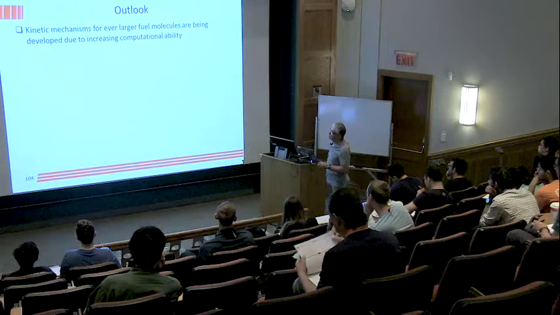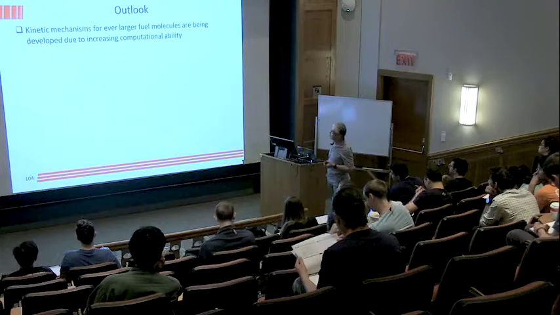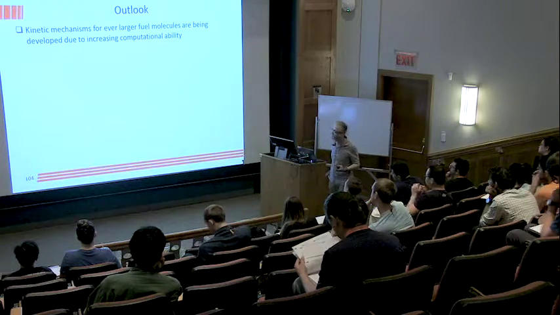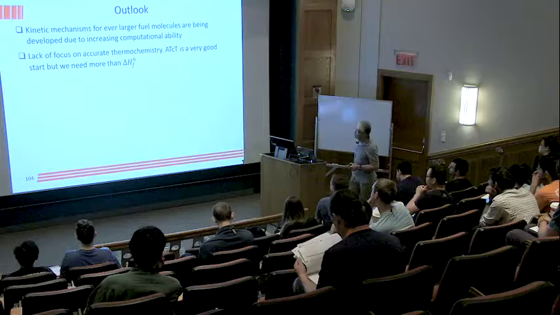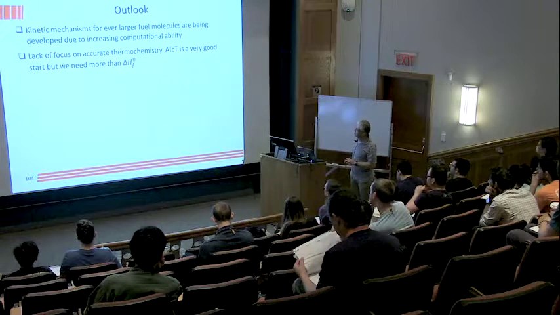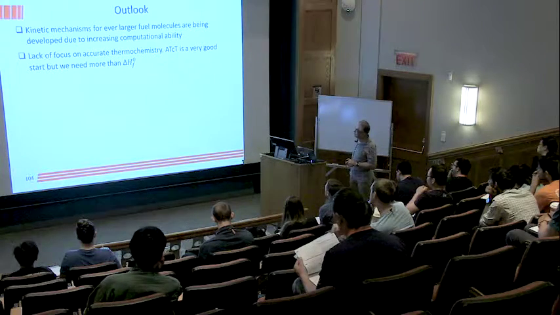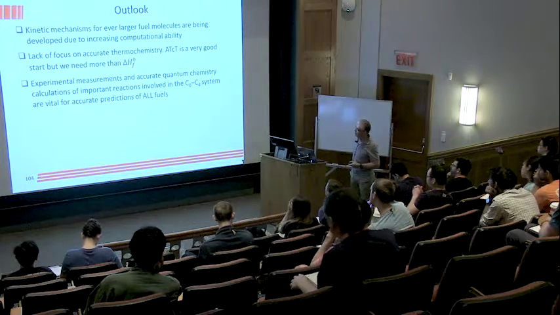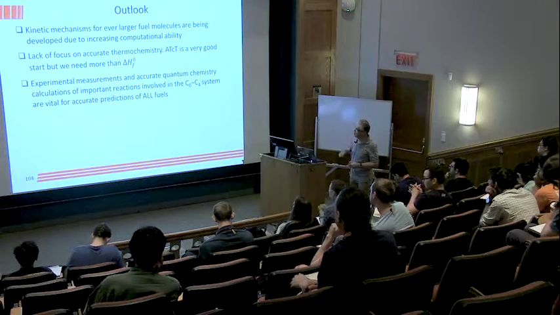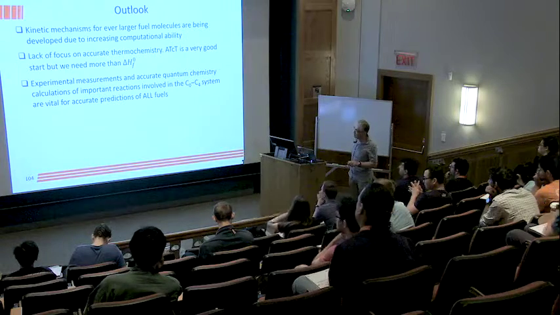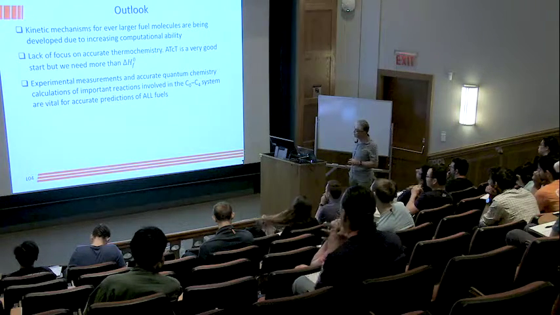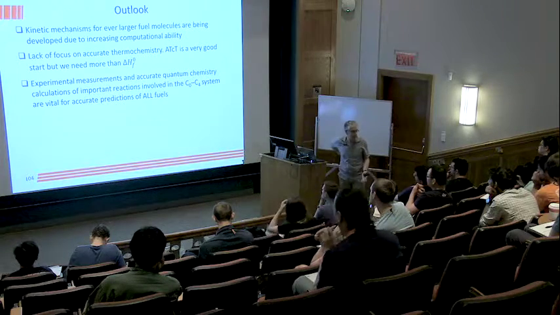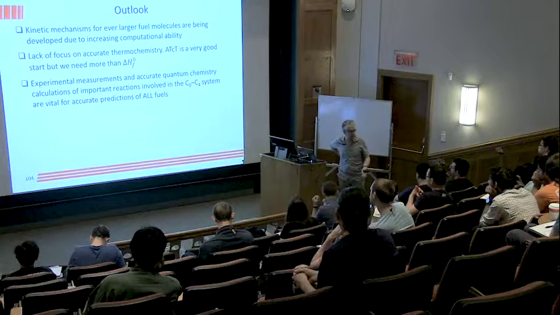Okay, so the outlook: kinetic mechanisms for ever larger fuel molecules are being developed due to increasing computational ability. We had that. Okay, there's a lack of focus on accuracy of thermochemistry. The Active Thermochemical Tables is a very good start, but we need more than the heats of formation. Okay, and experimental measurements and accurate quantum chemistry calculations of important reactions involved in the C0 to C4 system are vital for accurate predictions of all fuels at high temperatures and for flame speeds.